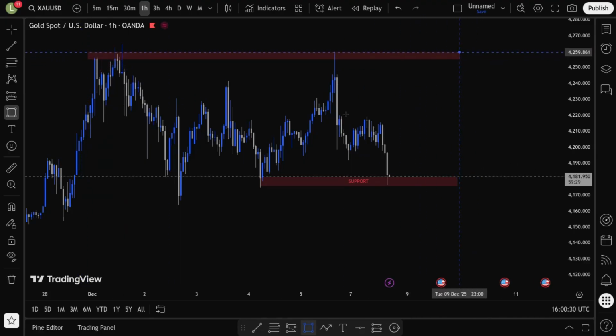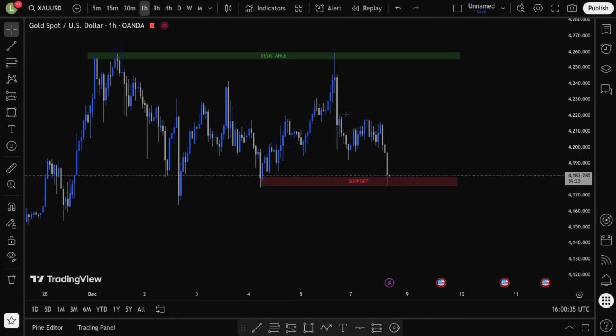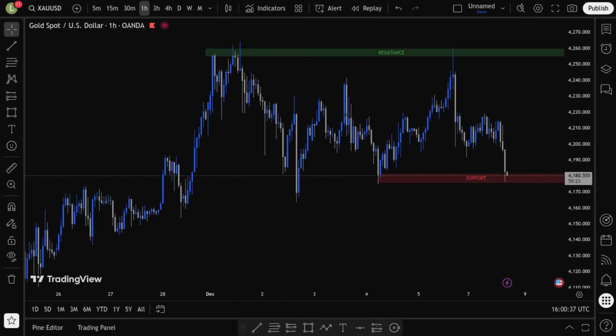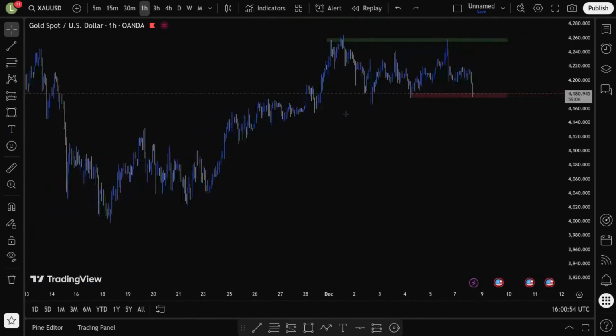This is a temporary level, but supply is different. Supply is like a stronger support level. Supply is like a stronger resistance level that no matter what, once price reaches there, we are expecting price to pump to the upside.